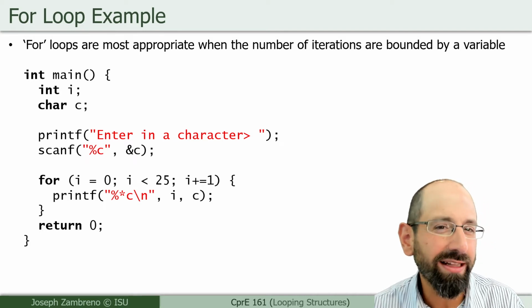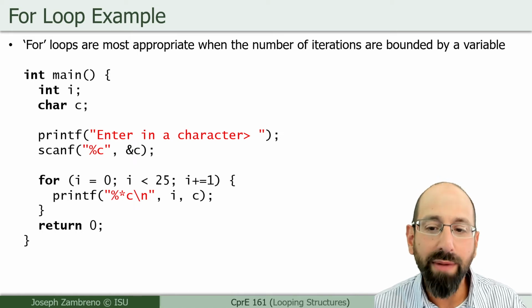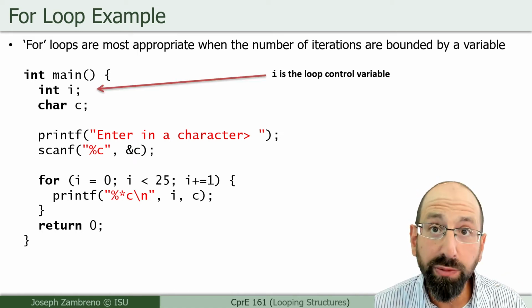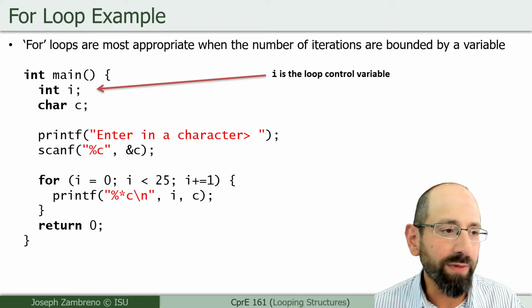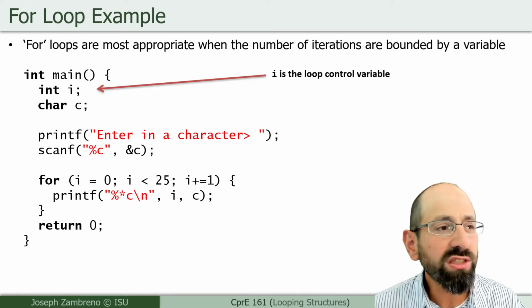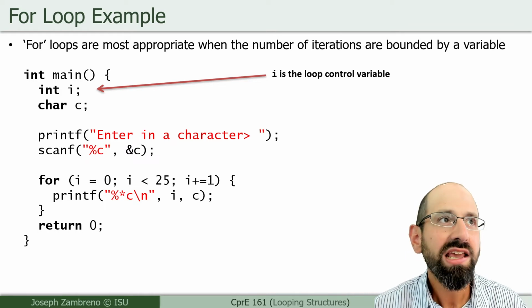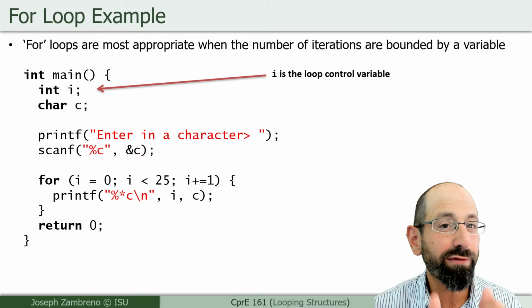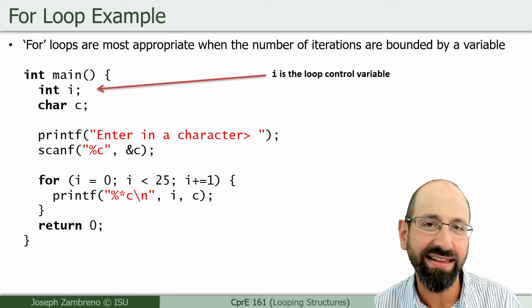The code's just a little bit cleaner, less places to screw it up really. So as part of the loop, we have to define our loop control variable. We already had to do that before, but here it's more explicit. Also more explicit in our for loops is that oftentimes we have these loop control variables we don't really care about the variable itself that much, and so that's why you see it named i, j, and k and things like that.